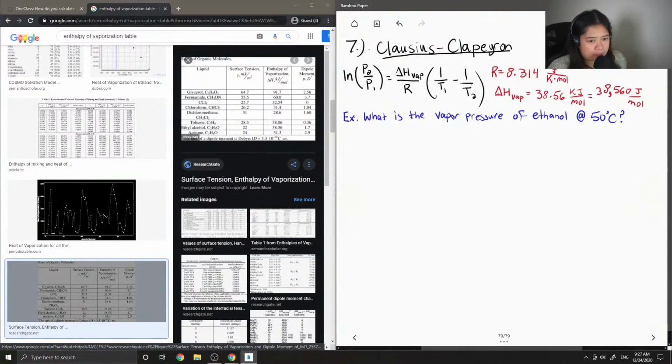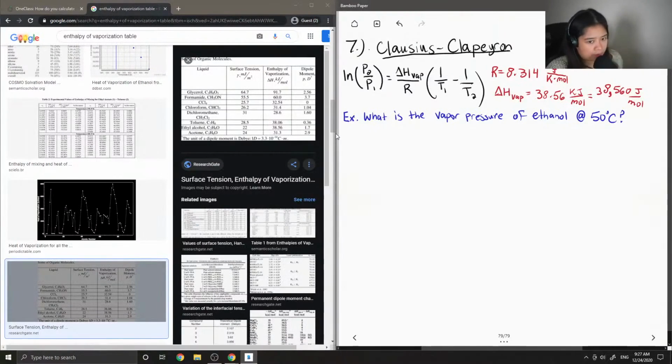I want to also convert 50 degrees Celsius to Kelvin. Let's see. T1, which is T initial, is equal to 50 degrees.